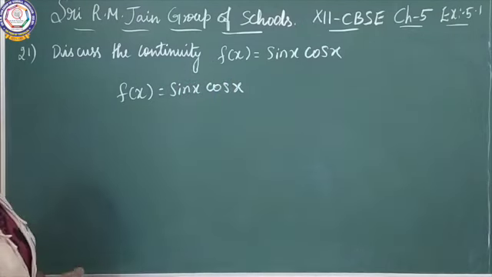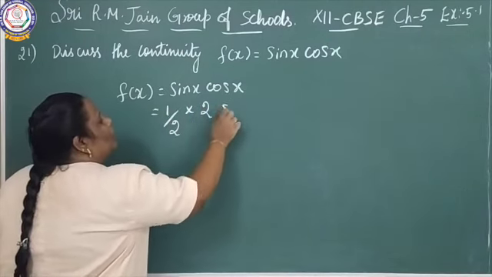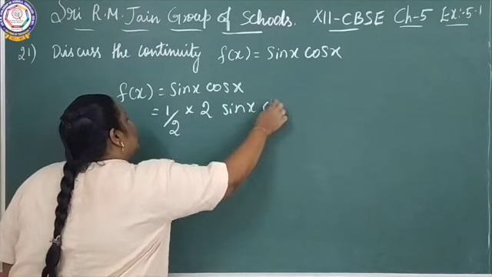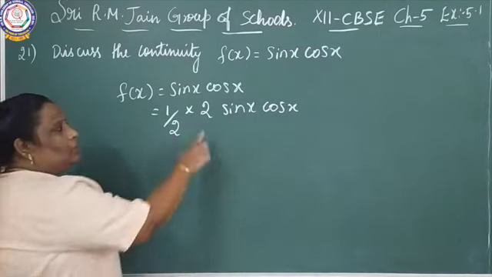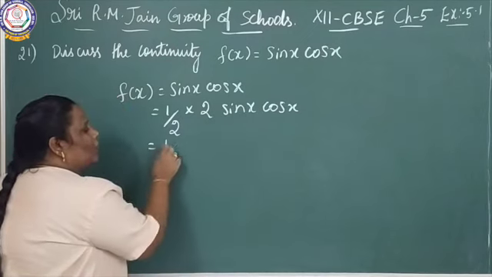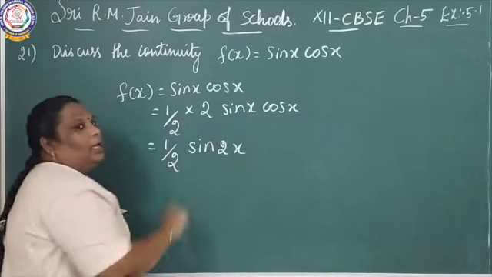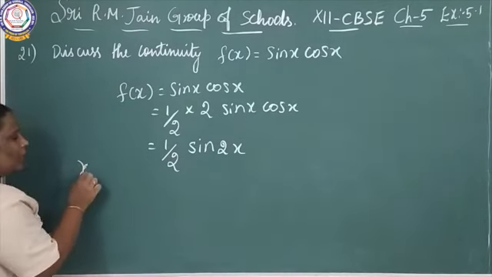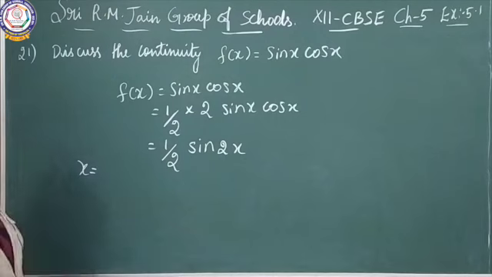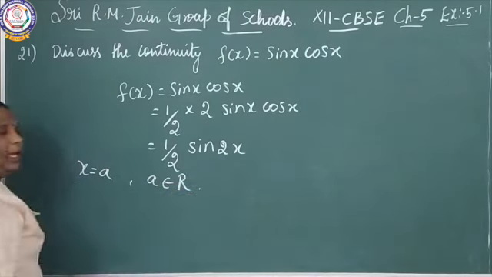So 1 by 2 into 2 sin x cos x. 2 sin a cos a is nothing but what? 1 by 2 sin 2a. The same way we can take x equal to a, where a belongs to R, a real number.